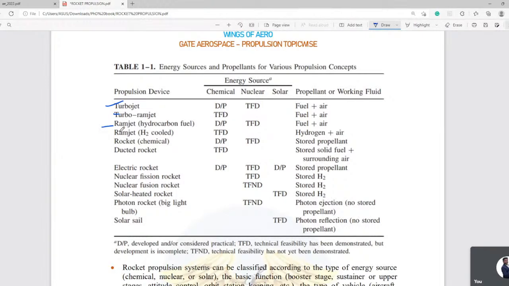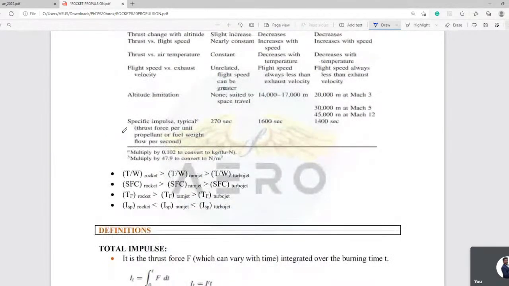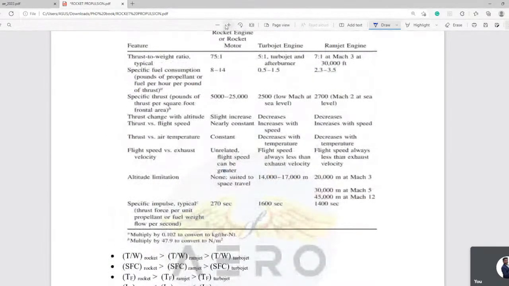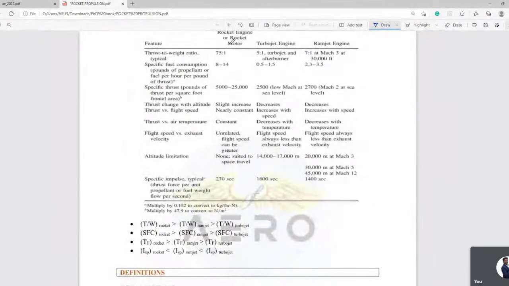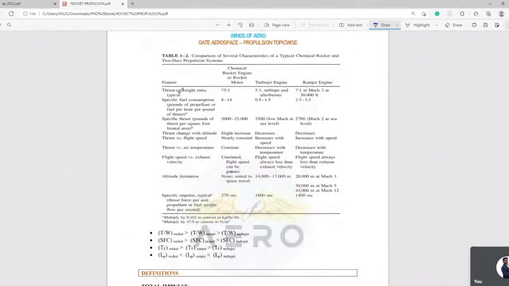You have to study according to the comparisons. So here you can see one simple table.